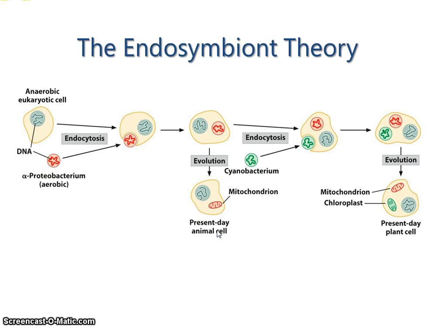Another line of evidence for the endosymbiont theory is that the mitochondrial and chloroplast ribosomes are structurally similar to bacterial ribosomes. So there are similarities in the physical characteristics, the genetic characteristics, as well as the ribosomal characteristics.